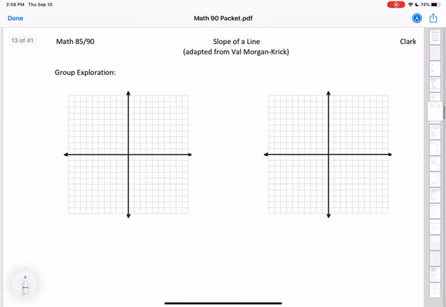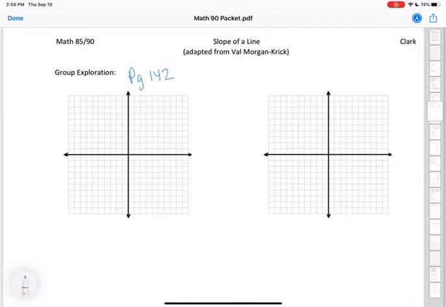These are some graphs that go along with a group exploration in our textbook. If you want to follow along, it is on page 142. Whether you have the hard copy or the online version and the ebook, flip to page 142, it's down at the bottom. You don't have to follow along in there. I'll read it out to you so you'll know what to do.